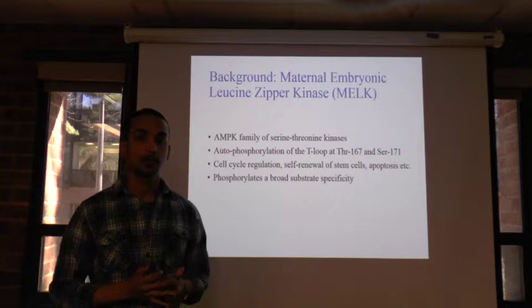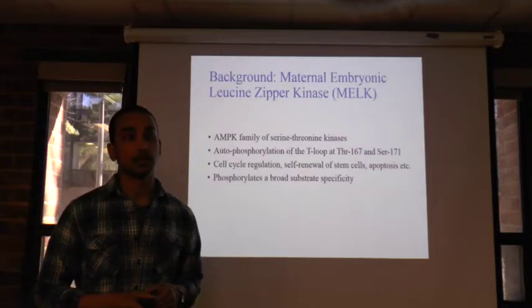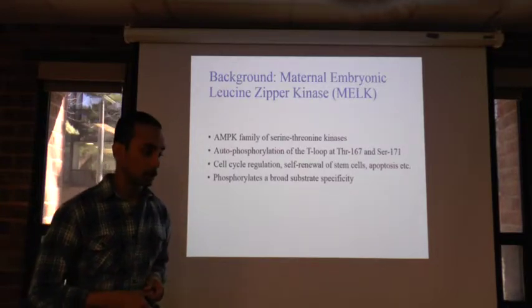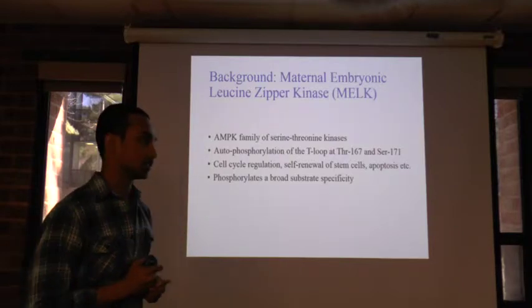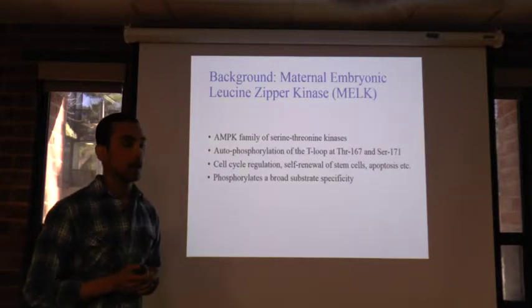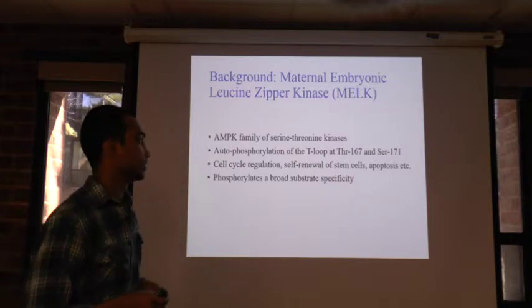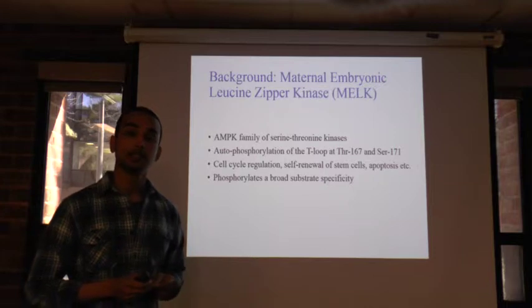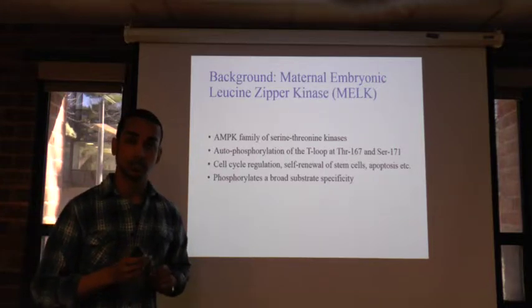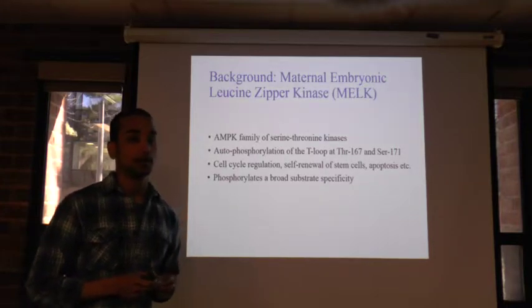MELK is a member of the AMPK family of serine-threonine kinases. They are unique in that they get activated by autophosphorylation in the T loop, specifically at threonine 167 and serine 171. They are important in cell cycle regulation, stem cell renewal, and progenitor cell renewal, and they also regulate apoptotic functions.